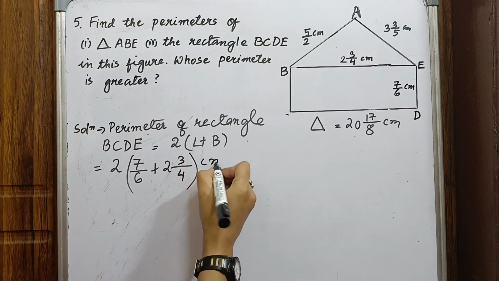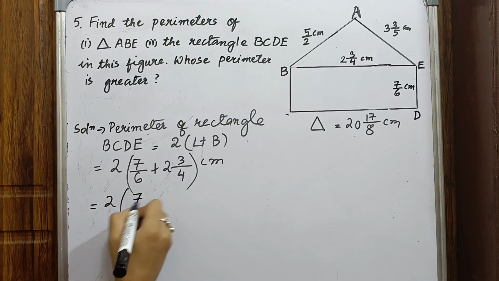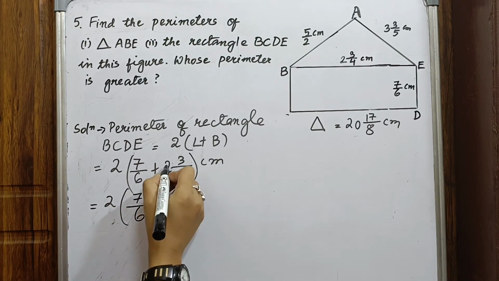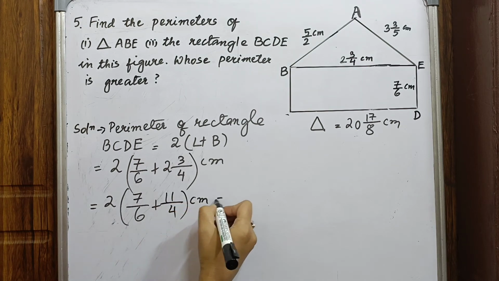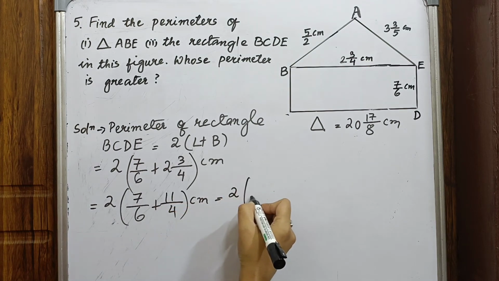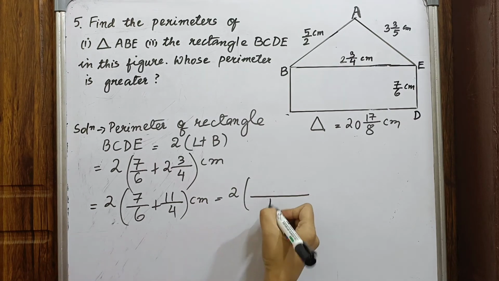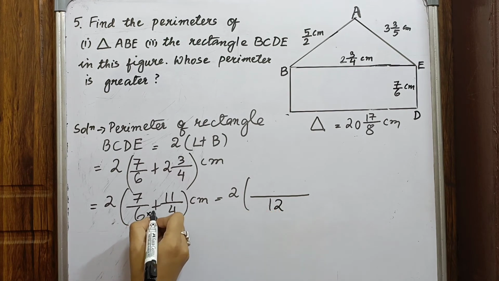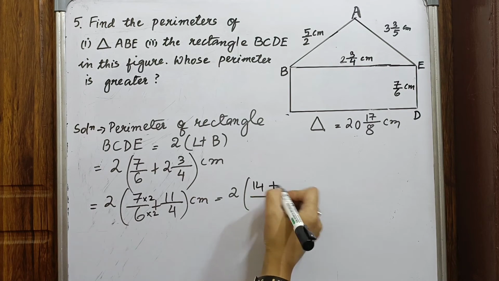Together we'll write whole centimeter. 2 into 7 by 6 plus 4 2s are 8, 11 by 4 centimeter. For 6 and 4, the LCM is 12. 6 into 2 is 12, so 7 into 2, 14.